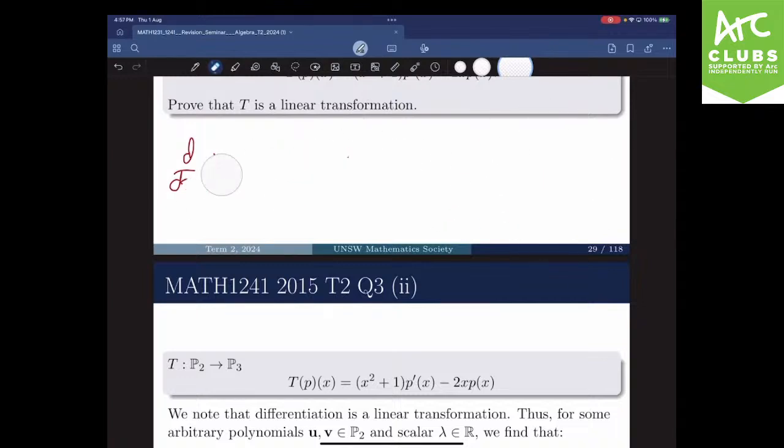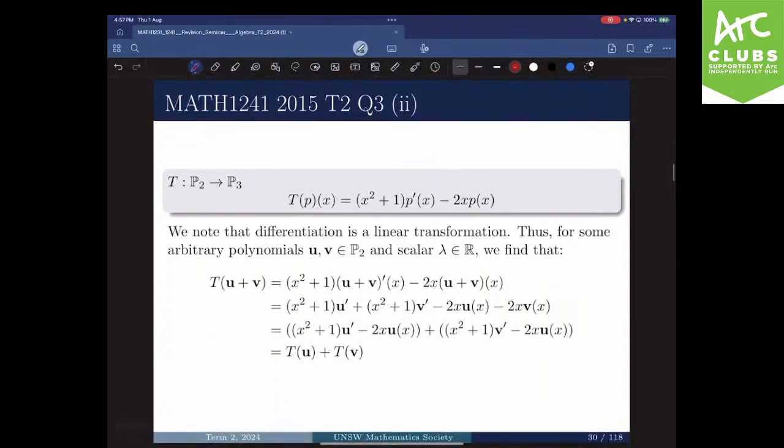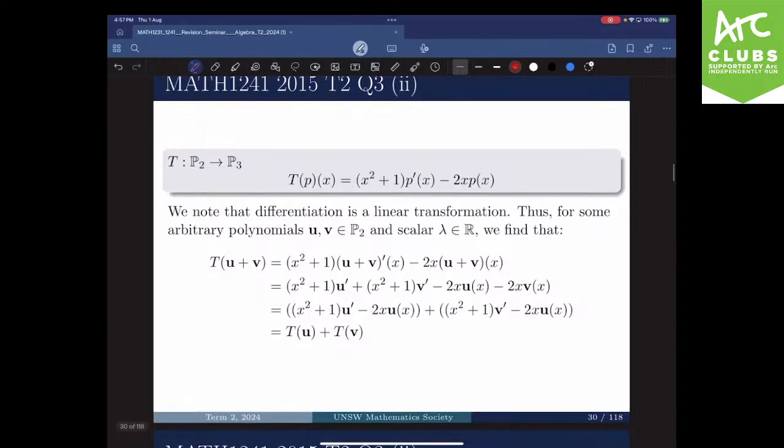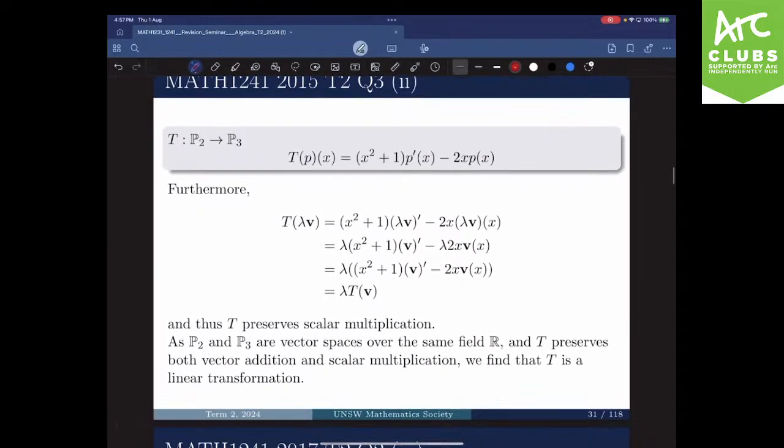From there, we can consider some arbitrary polynomials u and v, and some scalar λ. And from there, we can just bash it out. We can expand it and rearrange it, and we can see that T(u + v) is equal to T(u) plus T(v). And additionally, T(λv) is equal to λ times T(v).